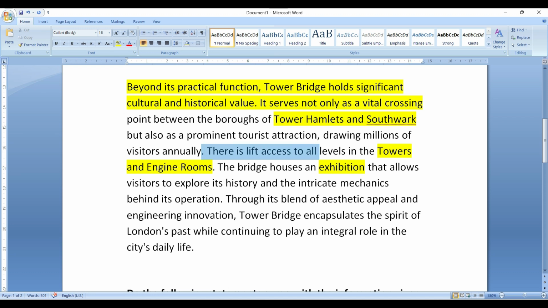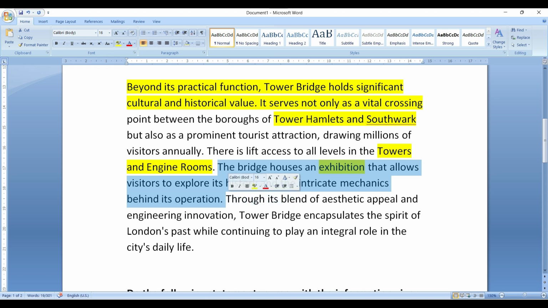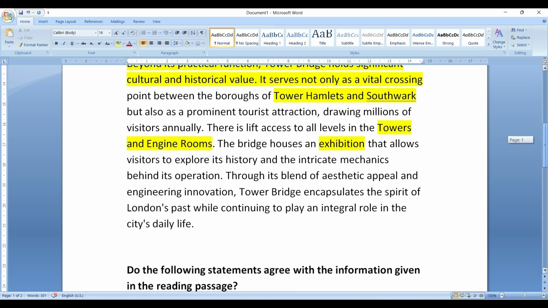There is lift access to all levels in the towers and engine rooms. Perfect. Does it say anything about availability, about maintenance? The bridge houses an exhibition that allows visitors to explore. Okay, from then on, nothing. Nothing about the lift access being currently unavailable or for which reason it is. Nothing at all. All we know is that there is lift access to all levels.